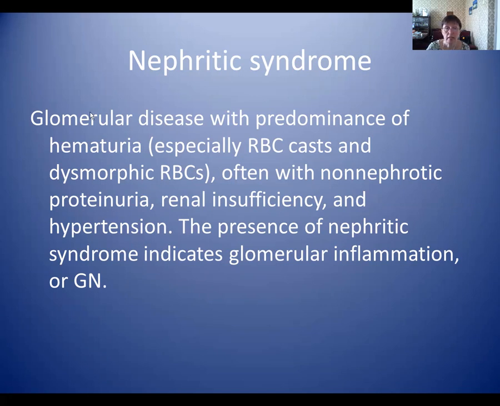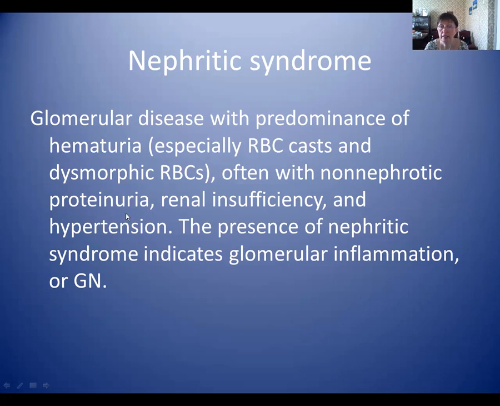And one of the syndromes which may be present in glomerulonephritis is nephritic syndrome. In this case, in glomerular disease, there will be predominance of hematuria. It may be red blood cell casts and dysmorphic red blood cells in the urine, first of all. And then it may be proteinuria, which is non-nephrotic.